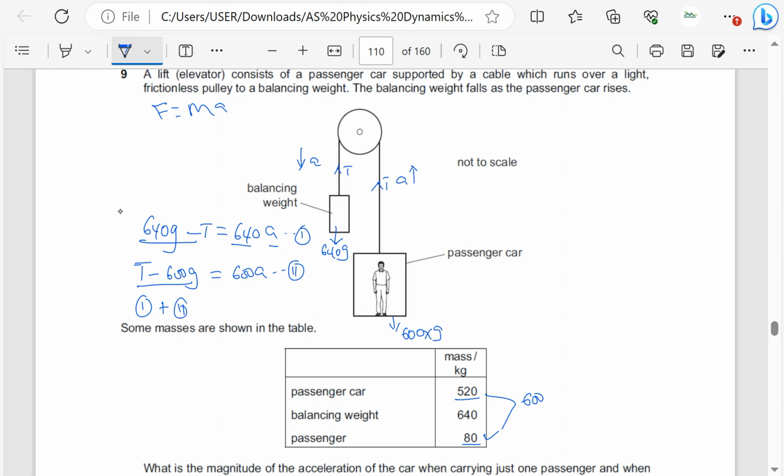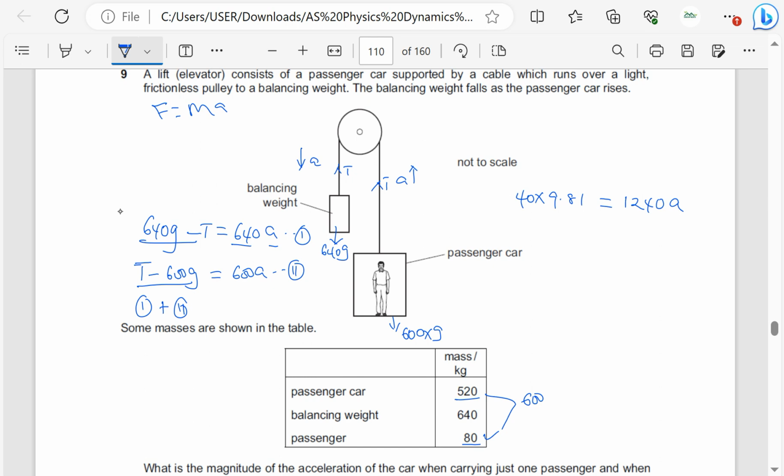When I add the two equations, T disappears and I remain with 640 minus 600, then times g, which becomes 40 times g, which is 40 times 9.81. On the right hand side, I have 640 plus 600, which is 1240 times a.